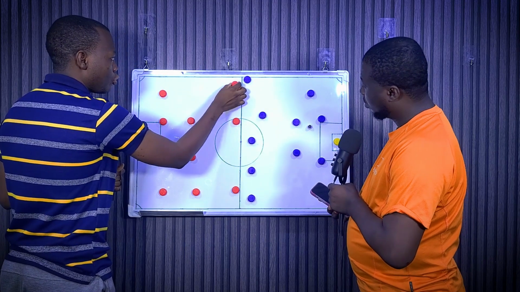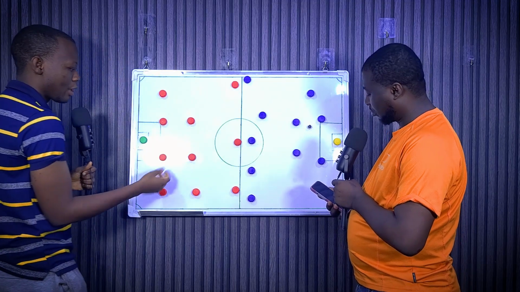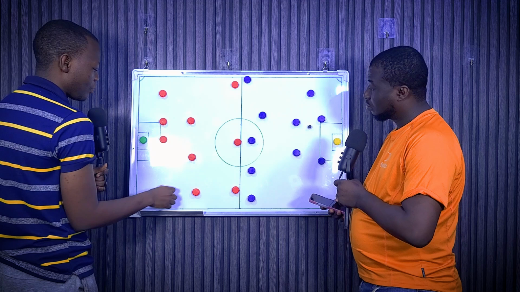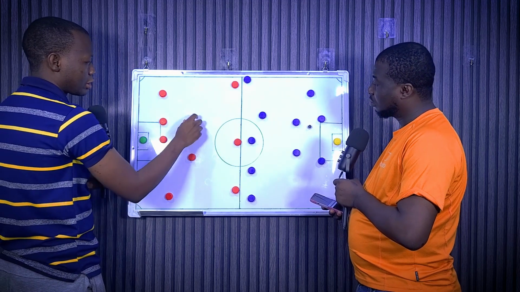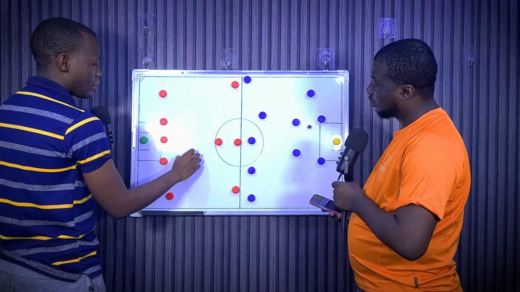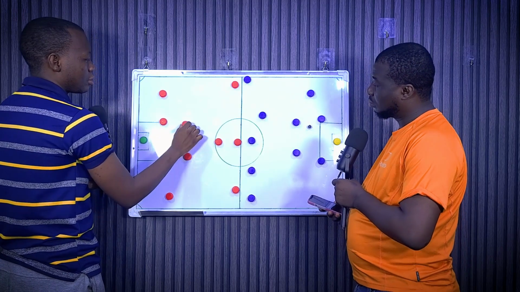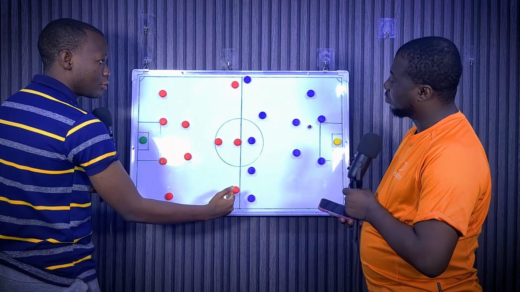You can push, or you can just decide, okay guys, let's shift back. Push here. Then Bruno can come here, and Bruno is playing as a 10. It's just linear movement. These guys maintain their position, right?